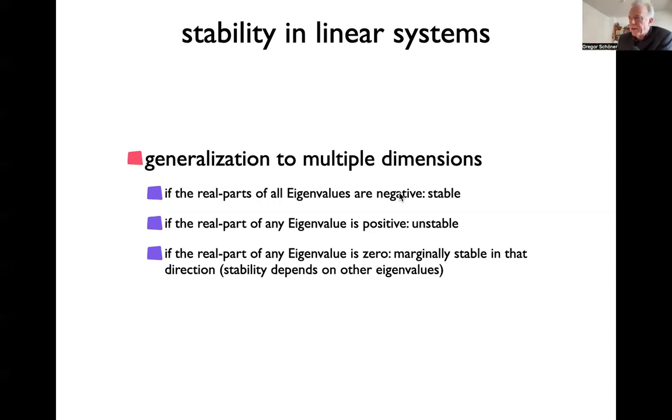If they're all negative, then you have a stable state. If there's any real part that is positive, you have an unstable fixed point because there's one direction in which you're repelled. And if there's any eigenvalue where the real part is 0, then you have a marginal stability in that direction. So you need to be stable in all directions, right?